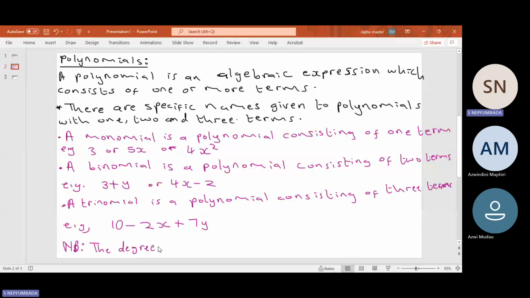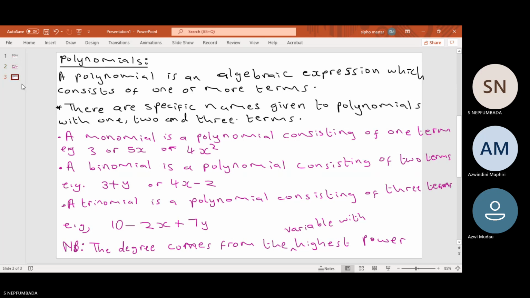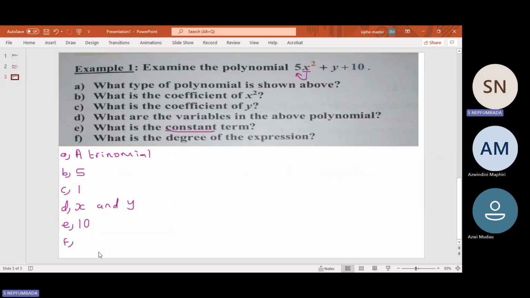The degree comes from the variable with the highest power, right? So now, it means our degree is 2.